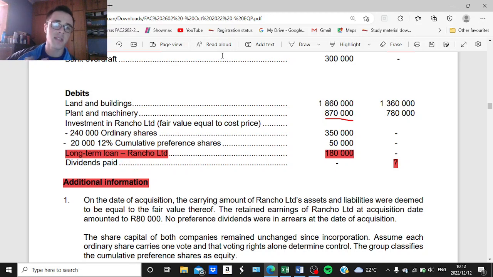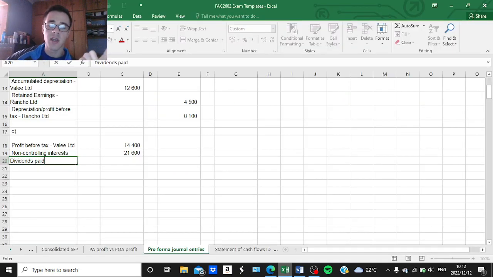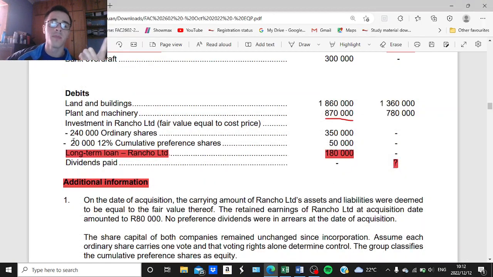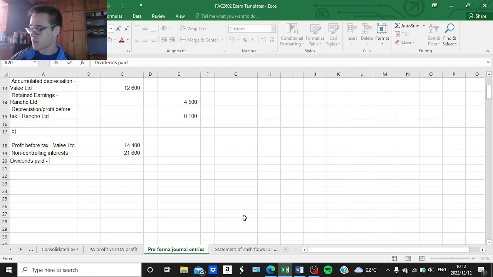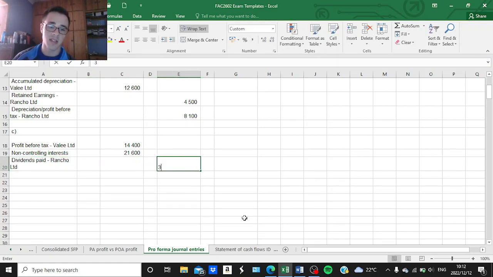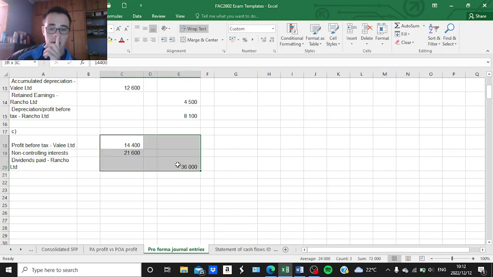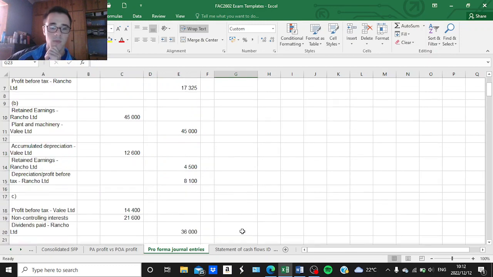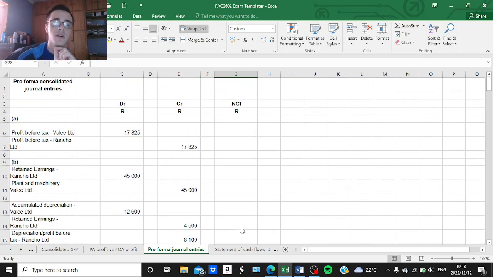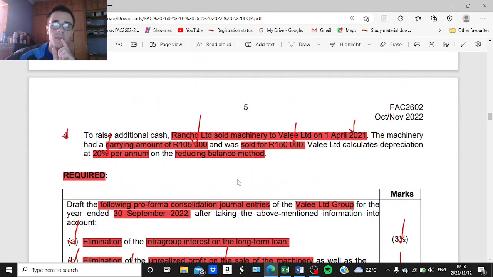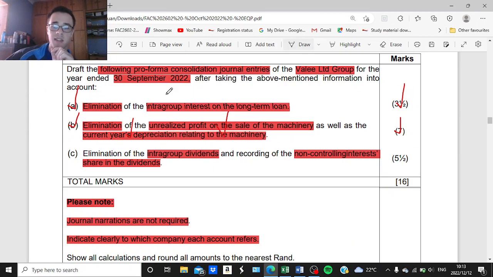And since we are eliminating the intra-group preference dividend and recording the NCI share in that dividend, we need to reverse or credit dividends paid by Rancho Limited with the total amount that we have calculated as 36,000. Okay. Only these pro forma consolidation journal entries were required, so please do not waste your time on recording other journal entries.